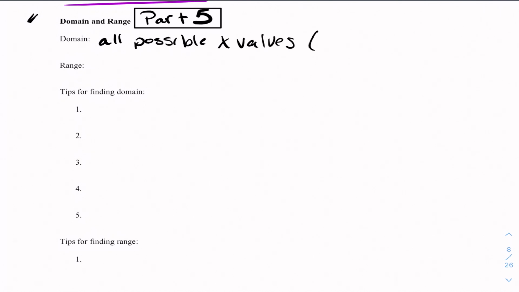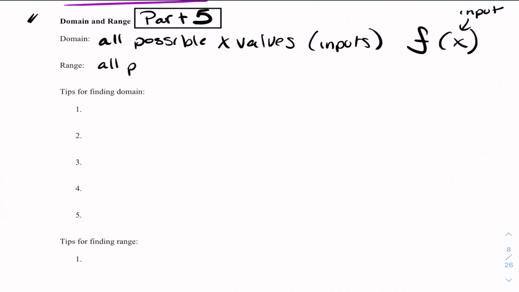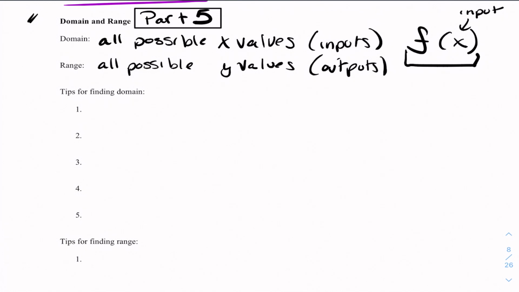These are often referred to as inputs, which is why in function notation, x is the input, and the output is the range, or the y values. So the range is all possible y values, and the y values, being the outputs of any function, would be the f of x. That's your output, that's your answer, that's your y value.